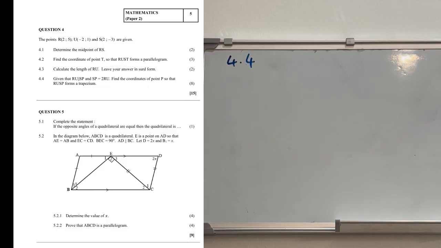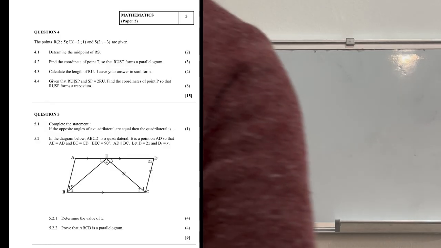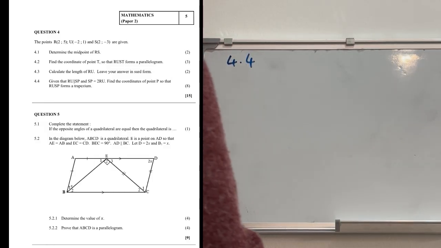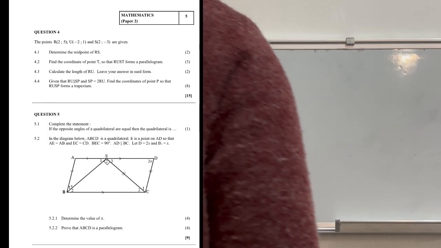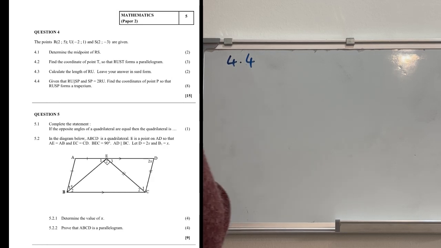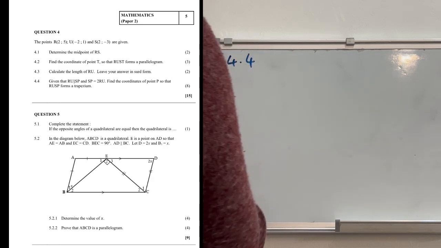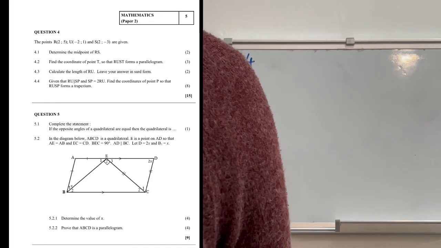So for question 4.4, they ask, given that RU is parallel to SP and SP is equal to 2 RU, find the coordinates of P so that RSPU forms a trapezium. So the first thing is, by this question, we're going to have to get two equations and solve them simultaneously.